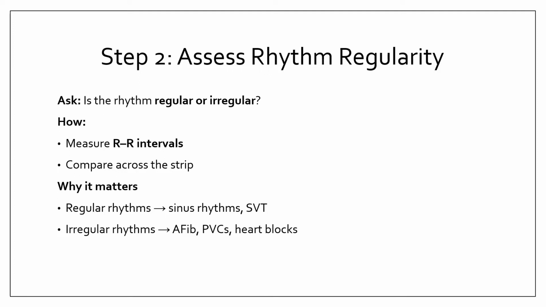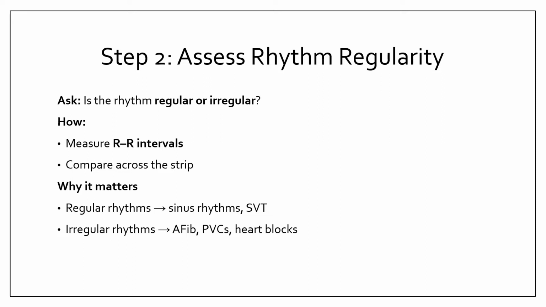So you want to measure the distance from peak of one R wave to the next. And you can either use the ECG grid, you can use calipers, or kind of mark a paper with pencils to measure that R-to-R interval and see if it's regular or irregular. And we're going to compare across the strip.